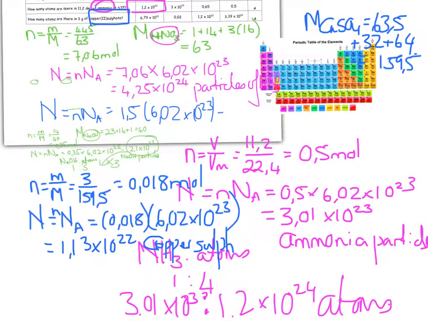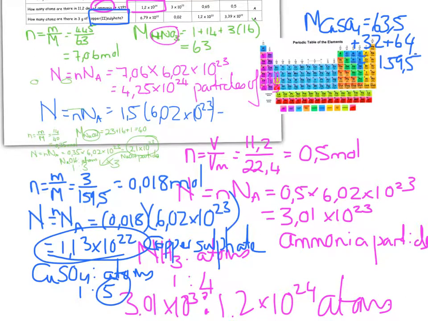But that was not what I was asked about. I was asked about number of atoms. So I need to say for every 1 copper sulfate, how many atoms have I got? Well, for every 1 I have got 5 atoms. So therefore I need to multiply this number by 5 in order to get 6,79 times 10 to the 22.